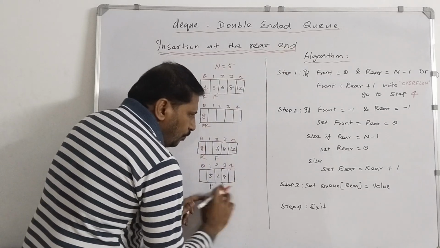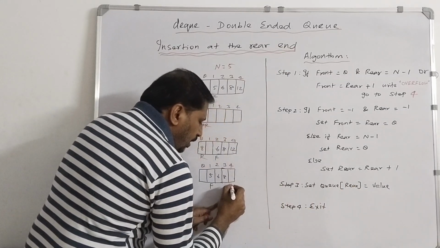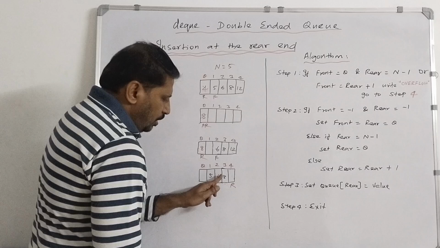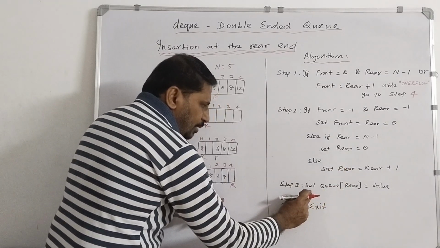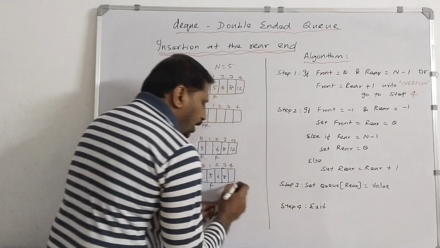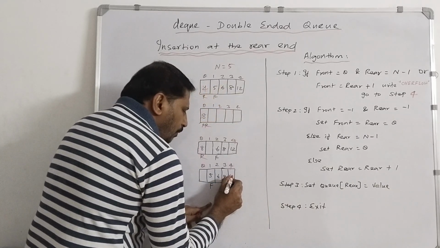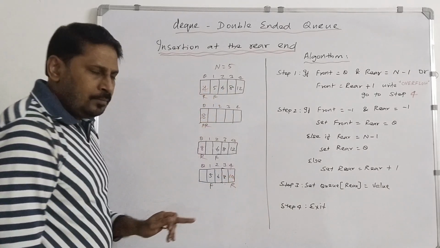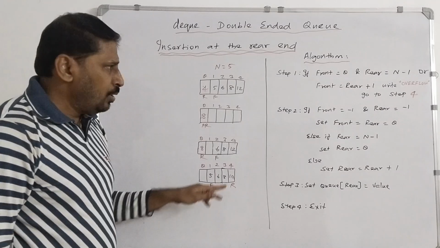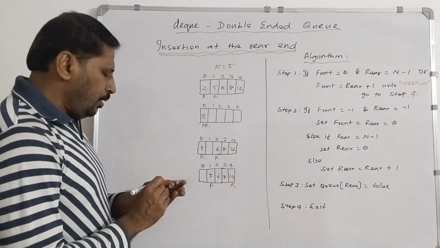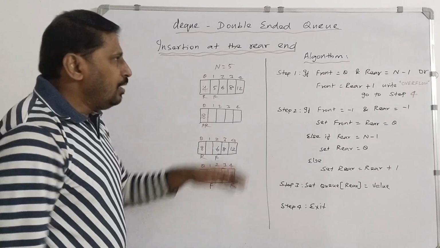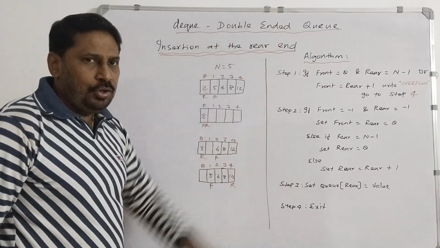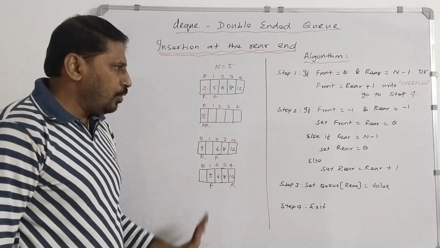So we increment rear equal to rear plus 1, and it goes from 3 to 4. After that we come to step 3, q of rear equal to value, so I am entering the value here. Is that clear? So this is the insertion process at the rear end in a double-ended queue. I hope you understand this.